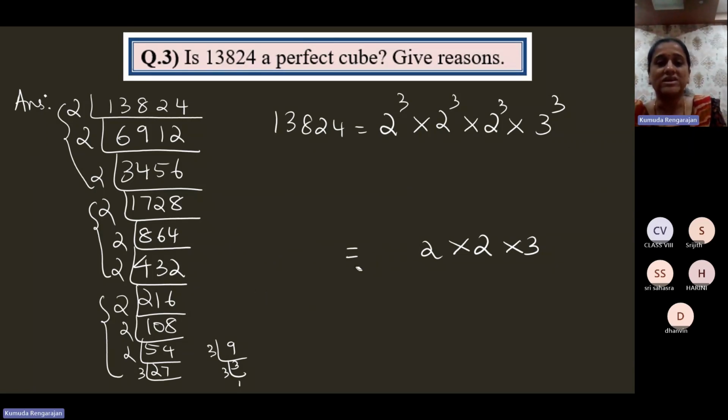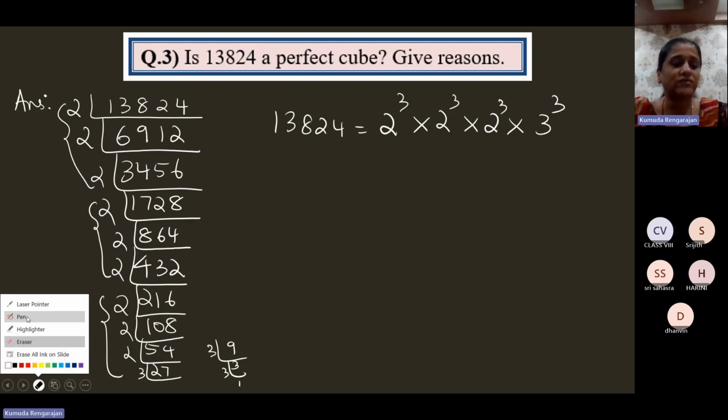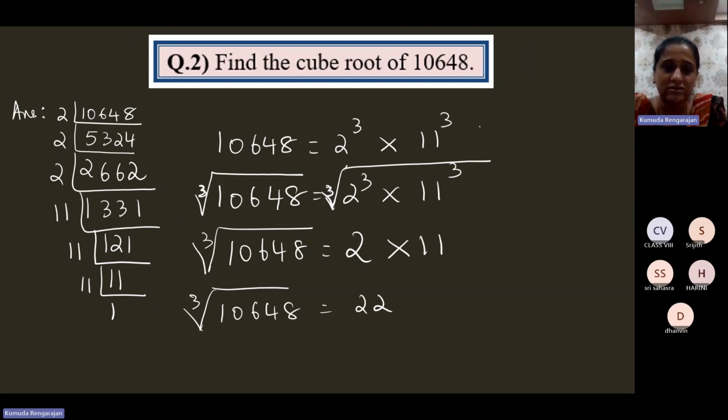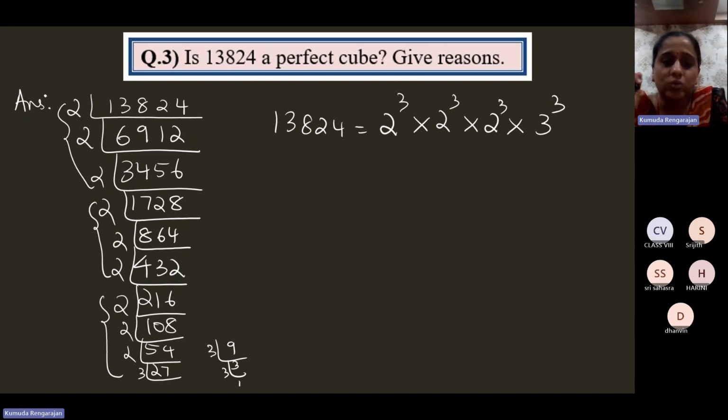The question is 13,824 a perfect cube? Is it a perfect cube? Yes or no? Yes, it is a perfect cube. So what's your reason? That's all we have to write. We need not find the cube root of the number because it's not asked. I should have taken a look at the question again, children. I just worked assuming that it is like we did a question like this earlier, so I just continued like that. I'm sorry. The question is 13,824 a perfect cube?